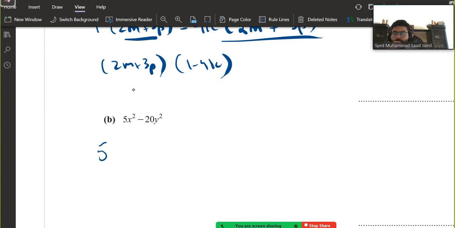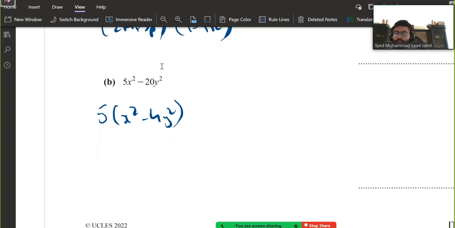Part B, it says 5x squared minus 20y squared. So take 5 as common. This becomes x squared minus 4y squared, and that's your answer. Acha, that's not your answer. There is a step further. If you look at over here, this is an identity. Alright, which identity is this? It's a squared minus b squared. So you would solve it further.